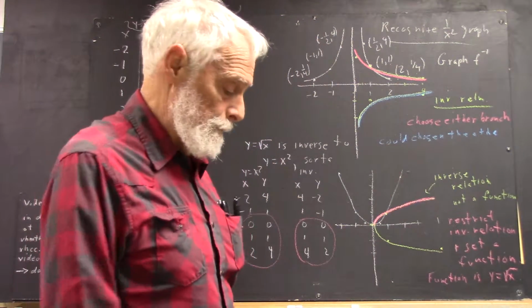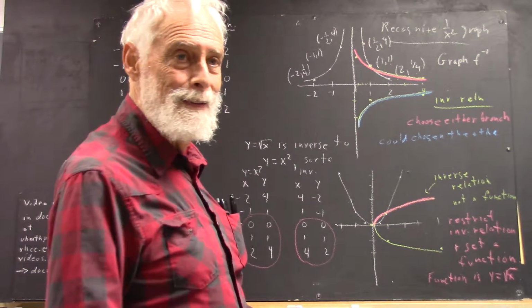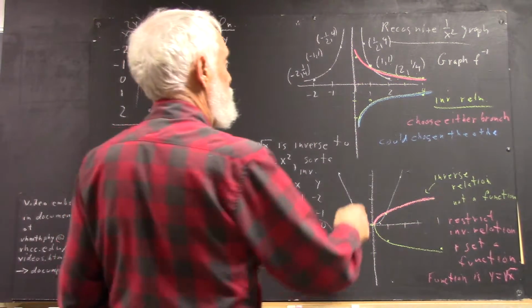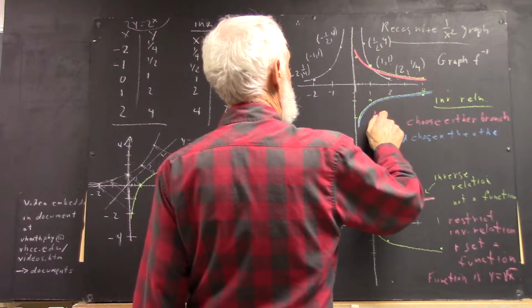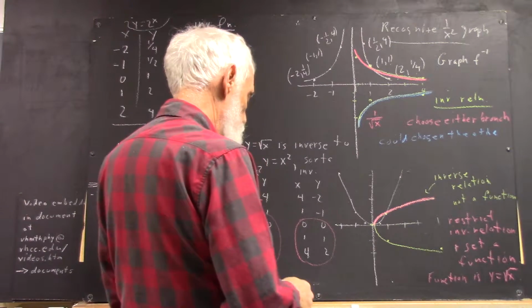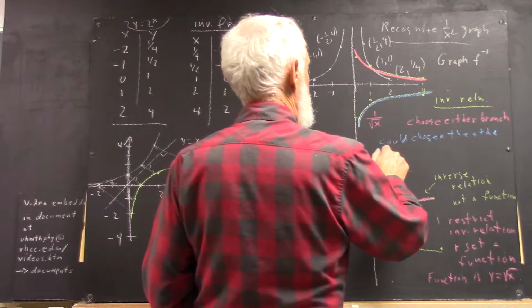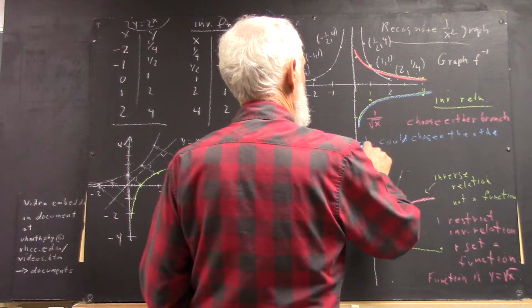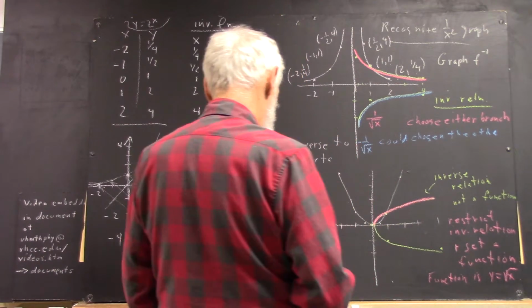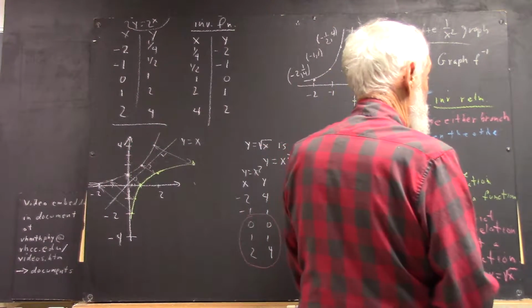Okay? And this branch, I'll just tell you, would have been one over square root of x. This branch would have been negative 1 over square root of x. It's kind of neat to see that, but you don't have to know what it means just yet.